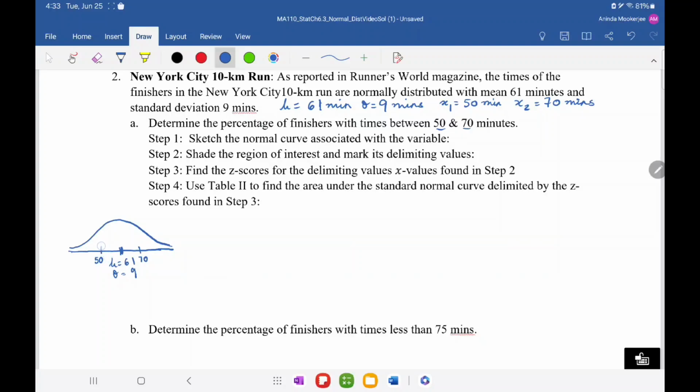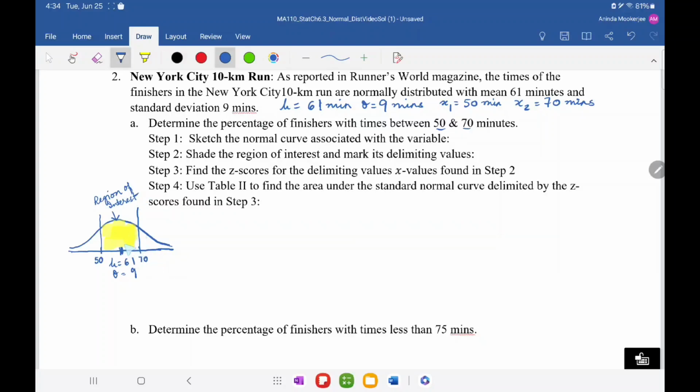And then we extend the vertical line from 50 and 70 and shade the area between those two lines. That's going to represent our region of interest. All right, region of interest. That's our region of interest.